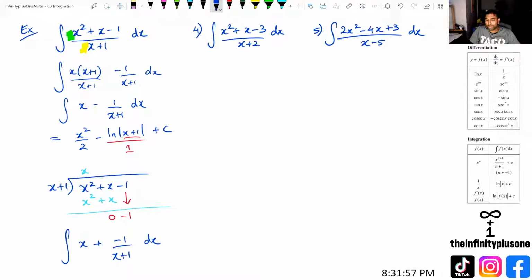Which is why I prefer long division. I don't think it's harder, Lauren. It's just you have to do it twice, that method. Essentially, you're just doing the two steps of long division.